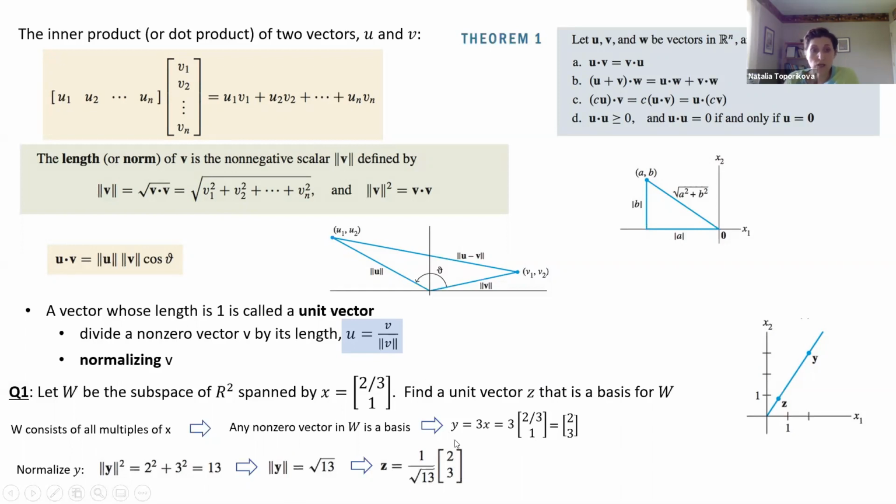And we can again use the properties of vectors to bring the square root of 13 inside our vector and get the components of our unit vector z. And this is how we find the unit basis vectors.